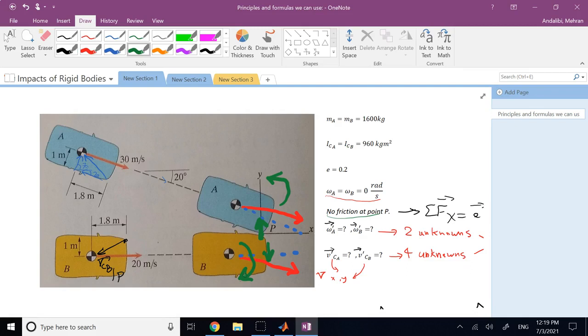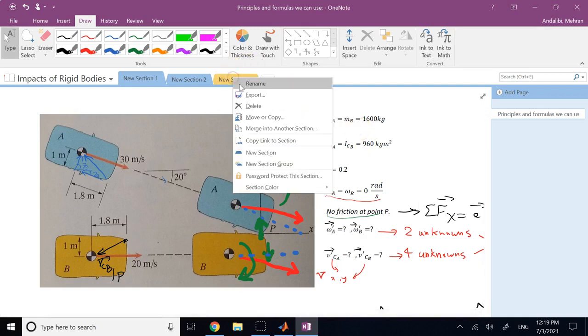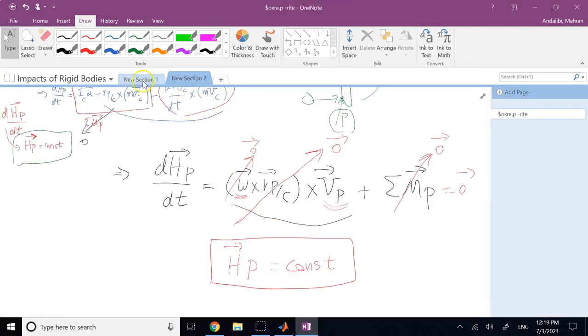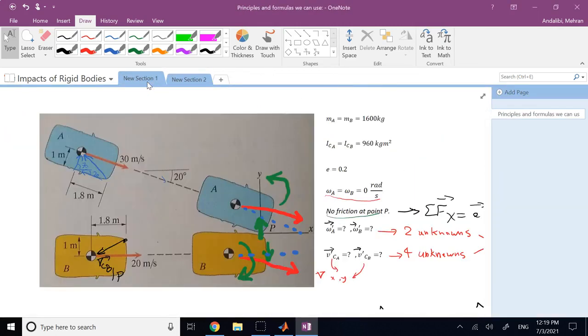So I know the video was long, but I just wanted to tell you that solving an impact problem in rigid bodies is not as trivial. You have to exactly know what you're doing, exactly apply all of the equations, know where there are simplifications you can make and so on.